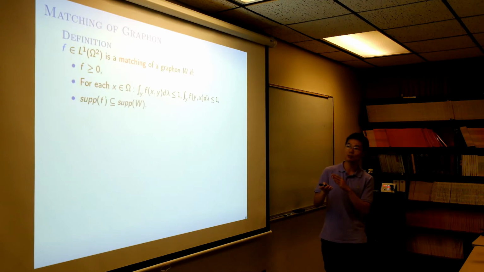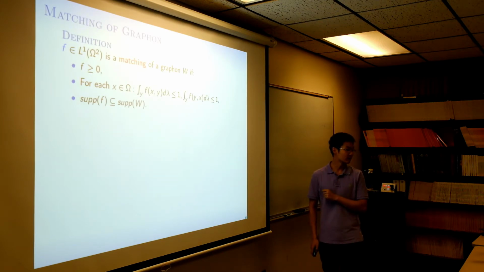This time we say the support of f is in the support of W, which basically says it should not be defined where there is no edge, or where W is 0, because that makes no sense. So basically you borrow the idea from the fractional matching. Okay, so why don't you also impose the condition that f is less than or equal to W?